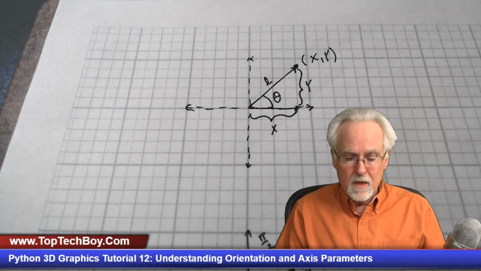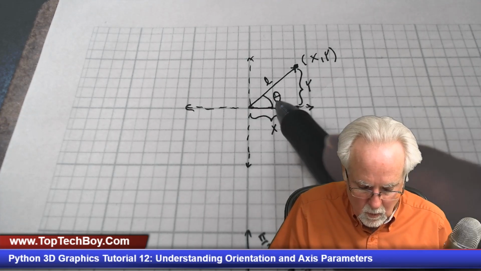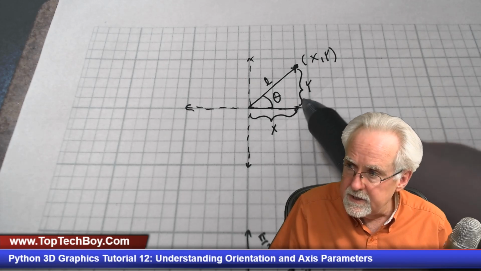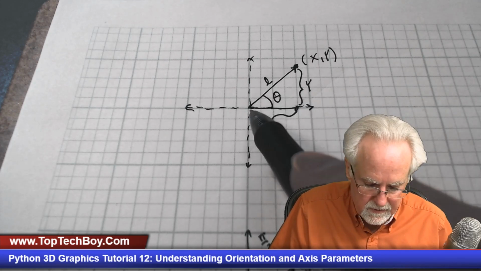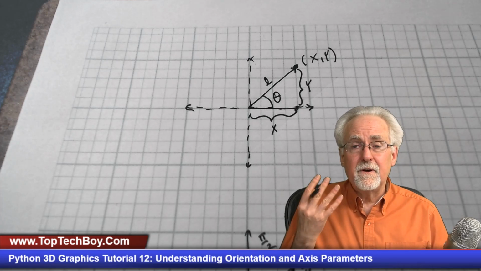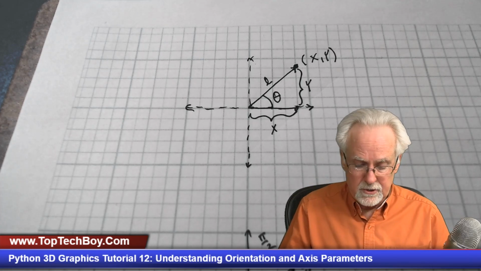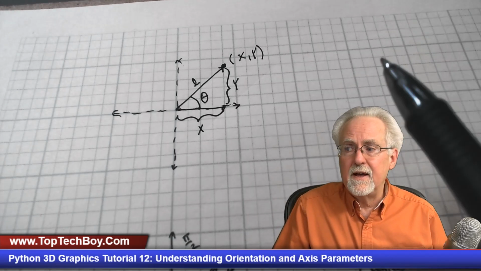X, y. Well, you can see if you have a little bitty angle, you're going to be way over on x and up just a little bit. Or if you have an angle that's getting close to pi over 2, you're going to go over just a little bit. X is going to be small and y is going to be large. But there's a formula that allows you to calculate it as a function of what that angle is.